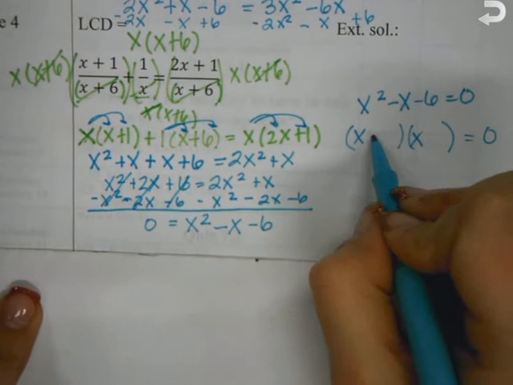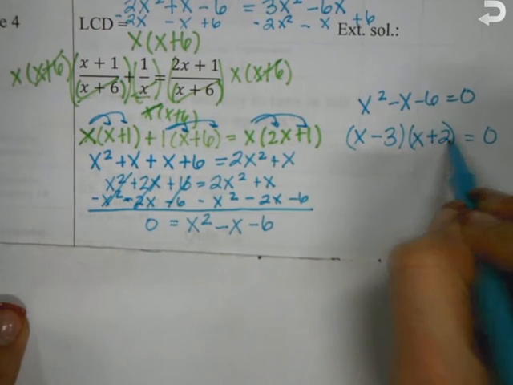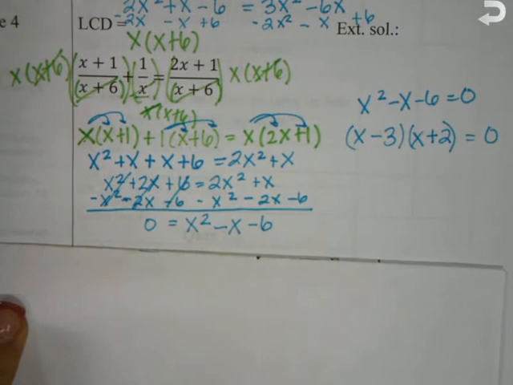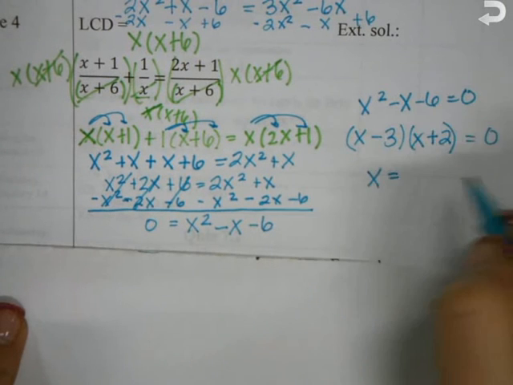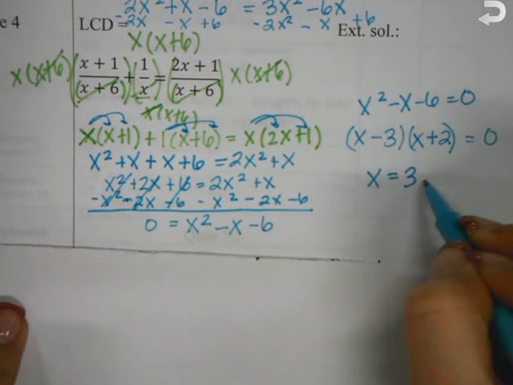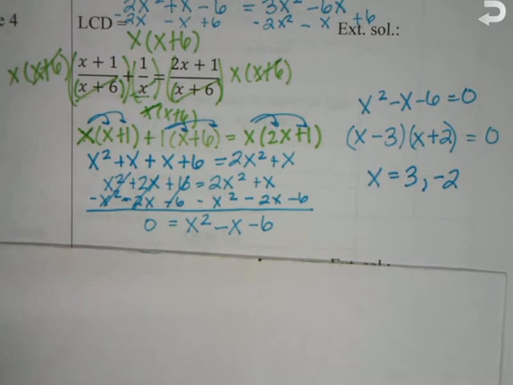So now we need to check our extraneous solutions, which means we're looking at the denominators here, x plus 6, x, and x plus 6. So what can x not be equal to? Negative 6, because that would make this guy 0, and?